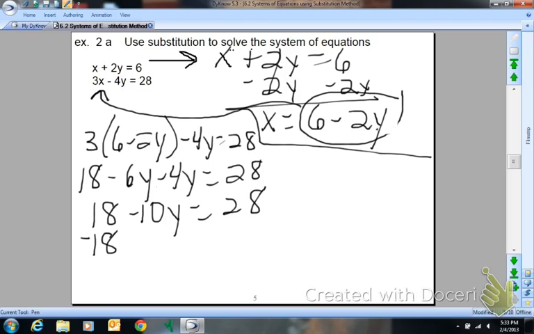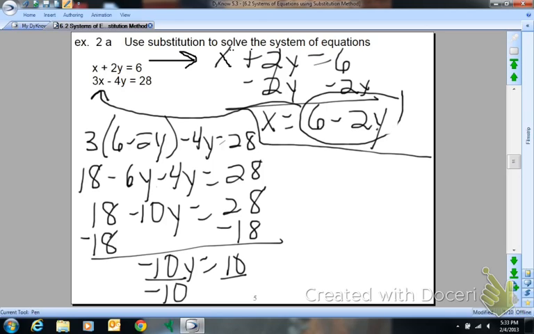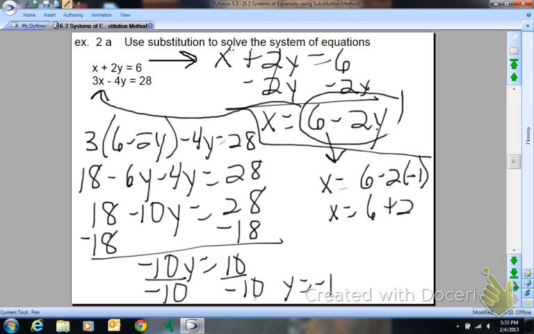Subtract 18 on both sides. Divide both sides by -10. So y is equal to -1. Now, in this equation right here where it's solved for x, we're going to plug in -1 for y. So that's 6 minus 2 times a -1. So that's 6 plus 2 is 8. So my answer is 8, -1.